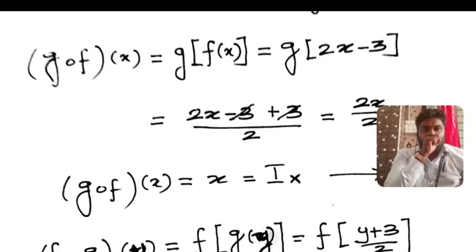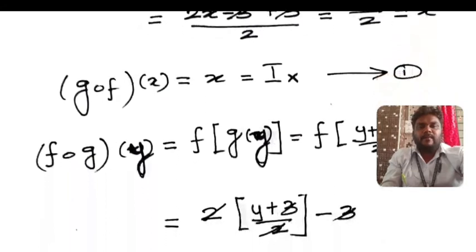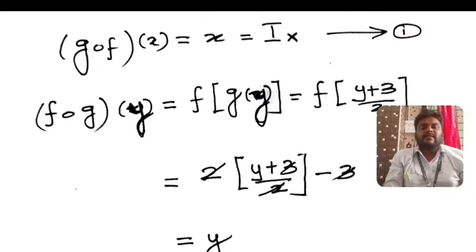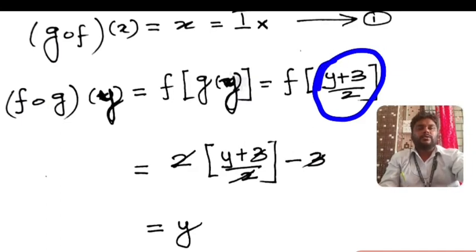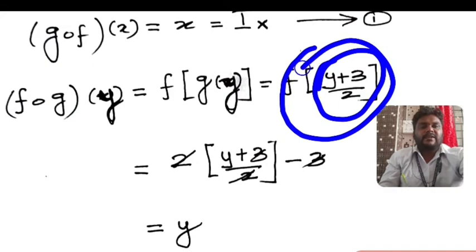Similarly, we are going to find f composite g of y, f of g of y. We know that g of y is (y plus 3) by 2. Next, this is like the f of x value, and we know that f of x is 2x minus 3.